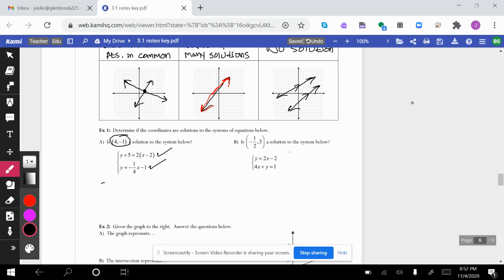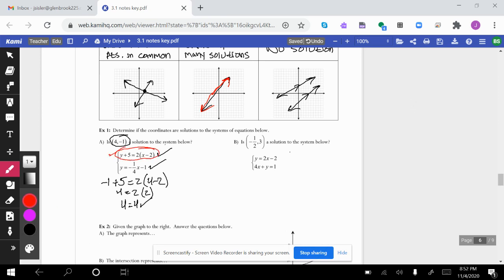I'm going to plug in -1 + 5, and that -1 comes from our ordered pair, equals 2(4 - 2). That simplifies to 4 = 2 times 2. 4 does in fact equal 4. So that top equation works.